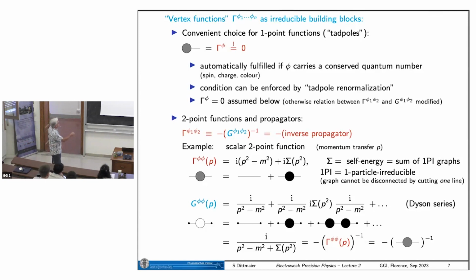So let's look into these vertex functions also a little bit. The easiest way is, for example, to have just a loop-like structure, like here indicated in this gray block, and only one external leg. It's a bit unusual. In momentum space, it's also clear that the momentum flowing here must be zero because nothing goes out or in anymore once you have just fixed the momentum at this one line.